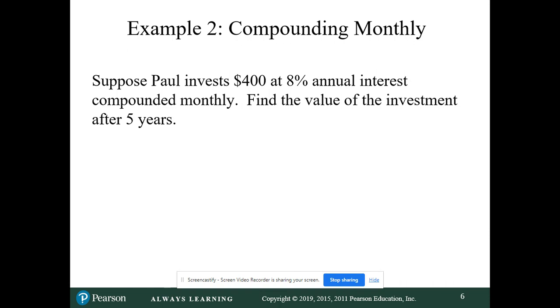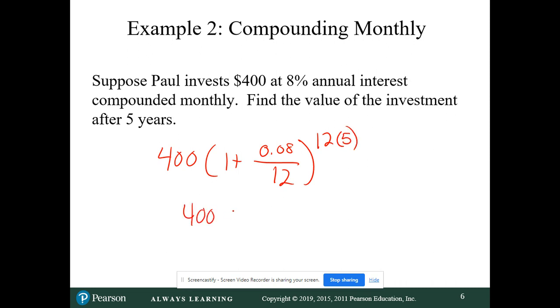Suppose Paul invests $400 at 8% annual interest compounded monthly. Find the investment value after 5 years. So it's $400 times 1 plus 0.08 divided by how many months are there in a year? 12, to the 12 times 5 power. So it's 400 times 1 plus 0.08 divided by 12, to the 60th power.